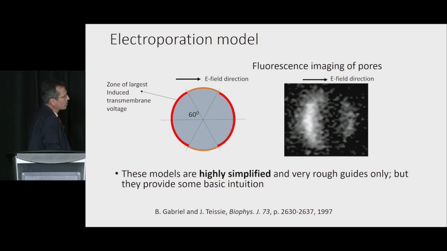And if you wait just a little longer, this other side of the cell will look as this one. So these models are simplified, but they help understanding a little bit how it works. The angle here also plays a role, and this is why you have more impact on these aspects of the cells as compared to the poles.